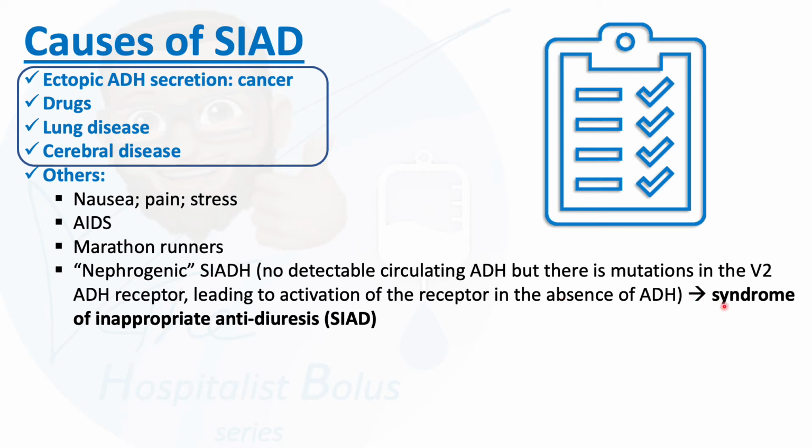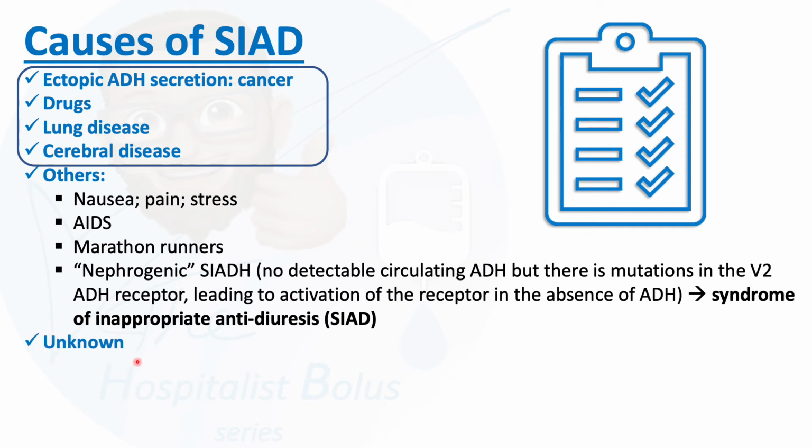And this is maybe one of the reasons they shifted the name from SIADH to Syndrome of Inappropriate Anti-Diuresis, or SIAD, because they don't want to say inappropriate ADH secretion, because not all patients have increased ADH. So just keep that in mind in case you encounter some of these less common causes, or specifically this less common cause of SIAD as a cause of hyponatremia.